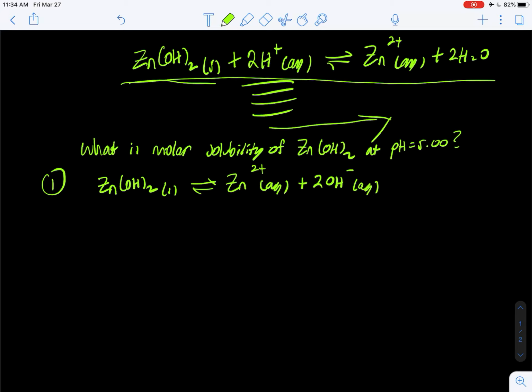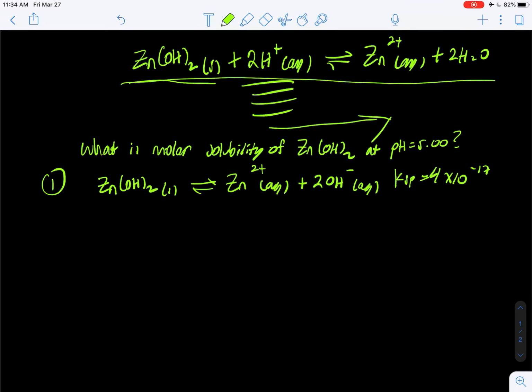And we call this equation the Ksp. Okay, and the Ksp for zinc hydroxide is equal to 4 times 10 to the minus 17.